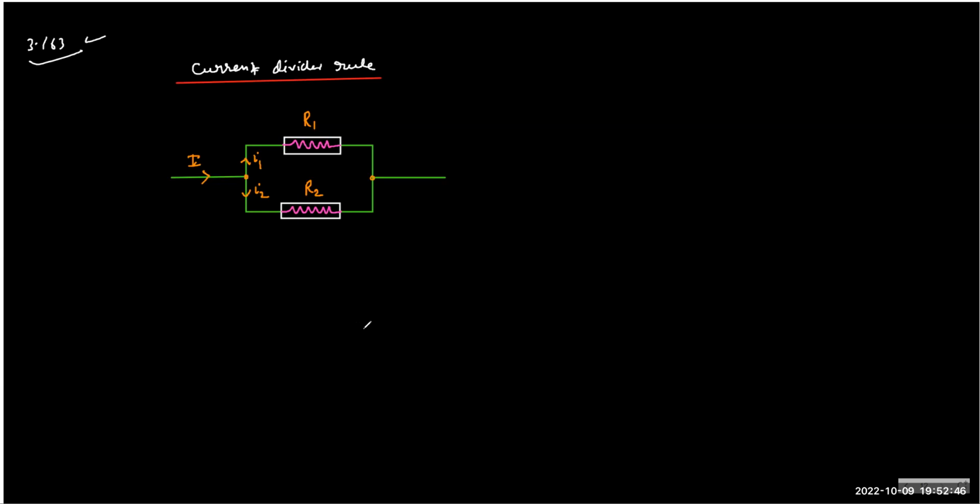So what remains the same here for each resistor, because they are in parallel? If two branches are in parallel, what will be the same for both?